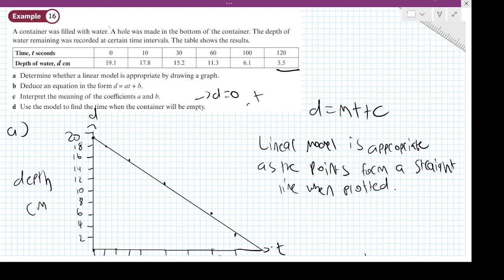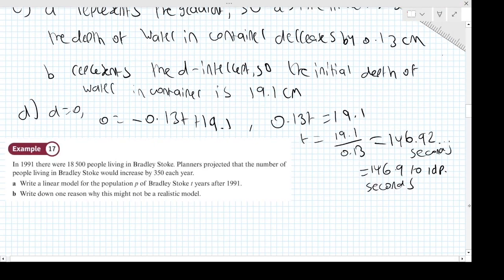Then you could use that straight line equation to, for example, find other interesting values, like when the container would be empty. That's the whole idea of mathematical modelling, really: to estimate some values or a problem and convert it into maths, like convert it to a straight line. Then you can use that straight line equation to work out other stuff. And that's really it with modelling.